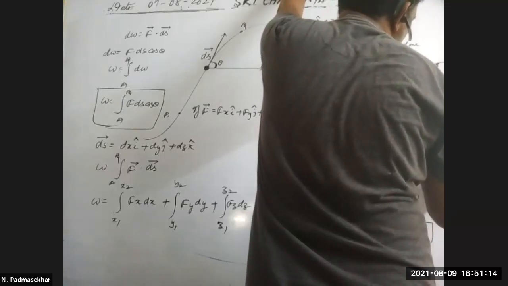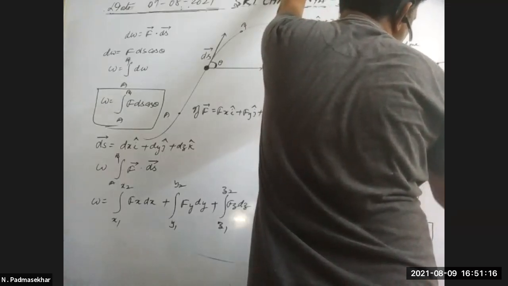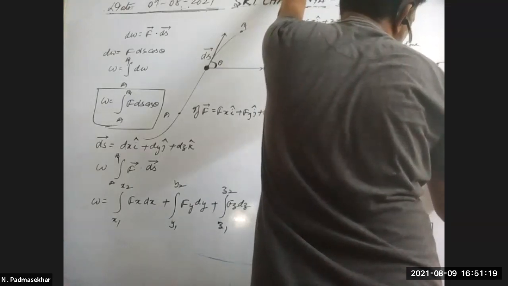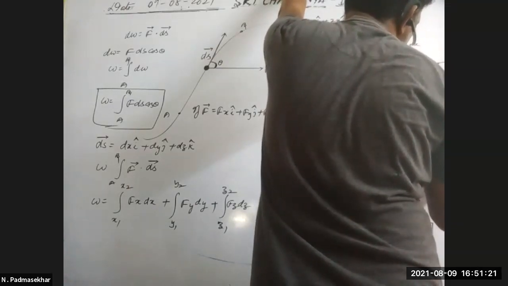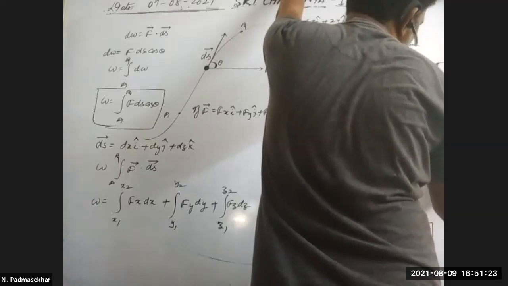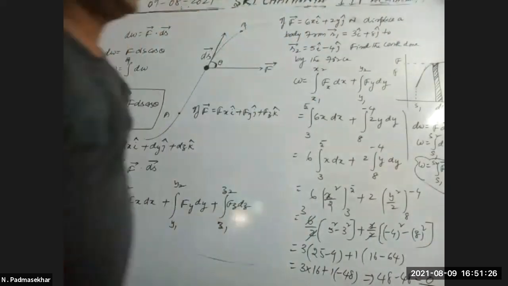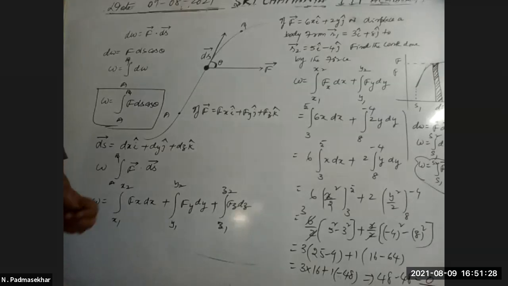So W is equal to the integral of F bar dot ds bar from S1 to S2, due to this variable force.